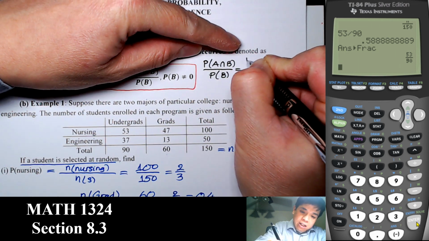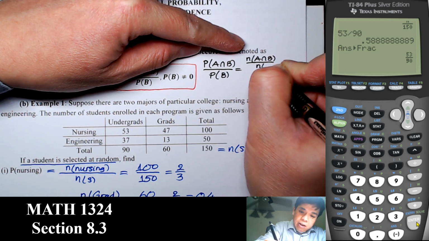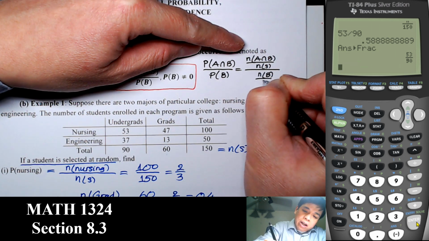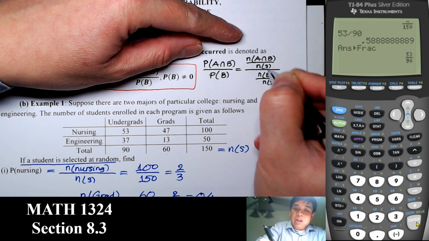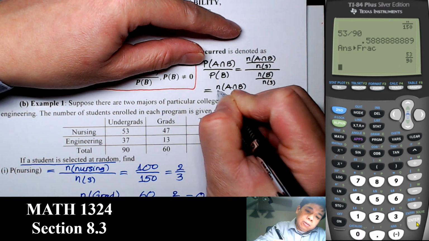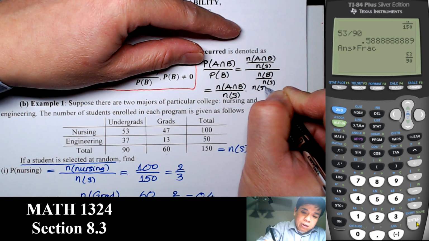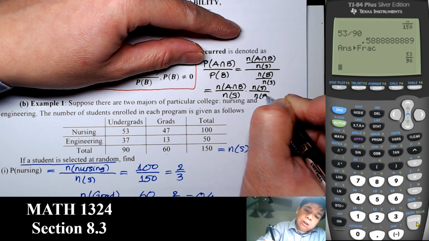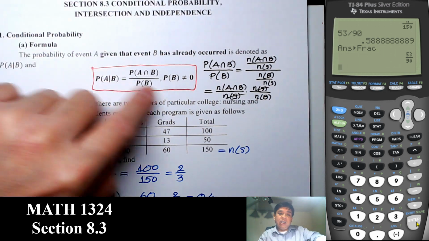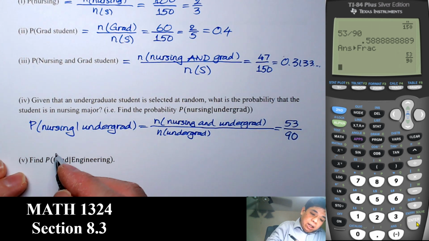You can write n of A and B over n of S, then n of B over n of S. Dividing a fraction is multiplying by the reciprocal, and then we flip. That cancels out. So either we use P or we use n. In this case, I just use n.